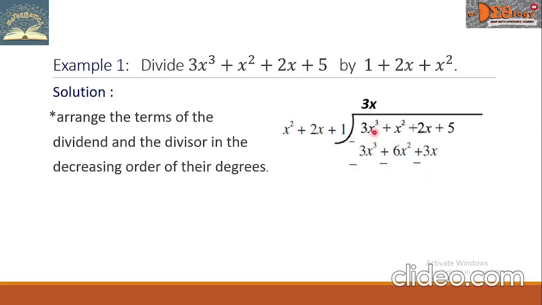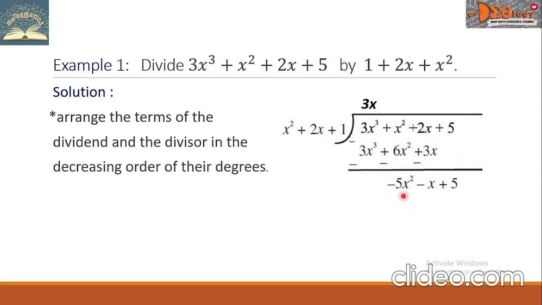This 3x cubed and negative 3x cubed cancel each other. Positive x squared minus 6x squared gives us negative 5x squared. Positive 2x and minus 3x becomes negative x. Then we bring down the positive 5. This is now our new dividend.